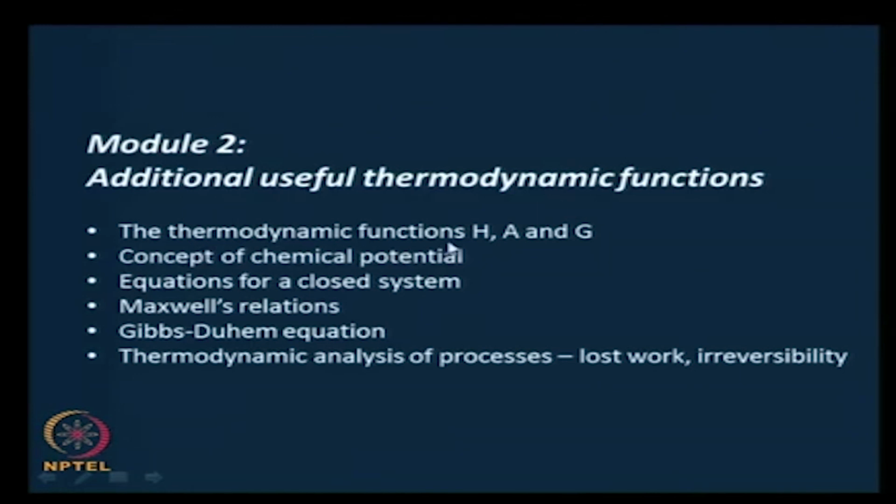We looked at the thermodynamic functions, enthalpy, Helmholtz free energy and Gibbs free energy. Then we looked at the concept of chemical potential, equations for a closed system, Maxwell's relations, Gibbs-Duhem equation, and thermodynamic analysis of processes in terms of lost work and irreversibility. We will see some of these as we rush along here in the review.